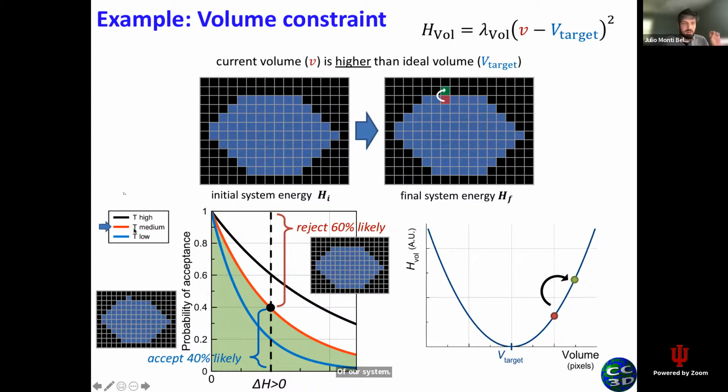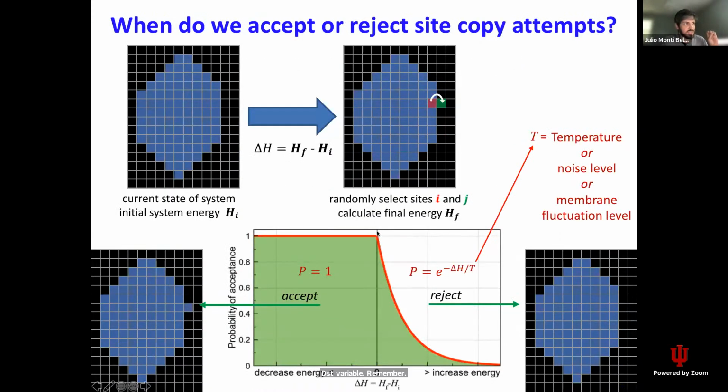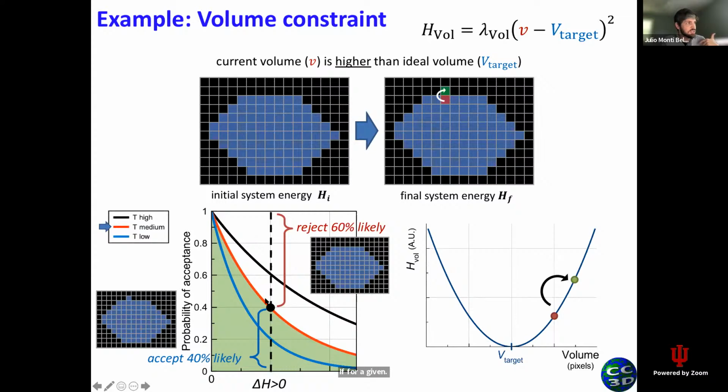This T variable, remember, is used to set the shape of this function here that tells you exactly how likely you are to accept or reject a pixel flip, depending on how big the change in energy is that's associated with that pixel site flip. So for a given temperature, this will be the curve.